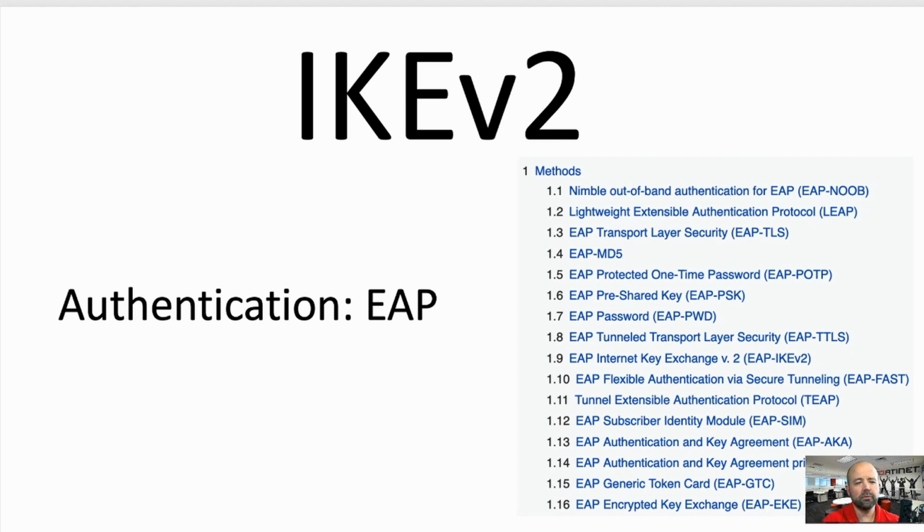However, it's important to note that most authentication in IKEv2 is going to resort to using EAP. EAP is Extensible Authentication Protocol. You can view this as a protocol that typically uses a RADIUS server and has a set of plugins that supports various mechanisms for authentication. And there's a lot of them, as you can see.